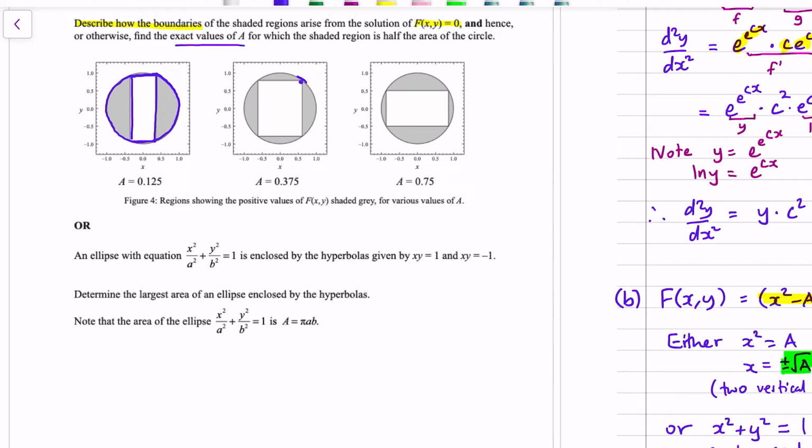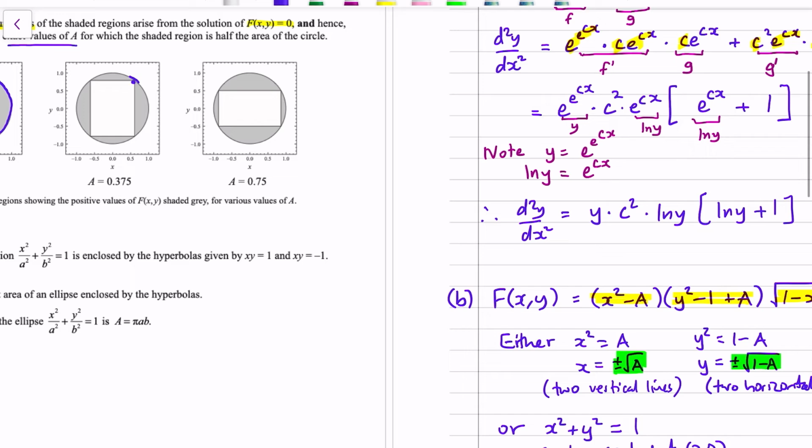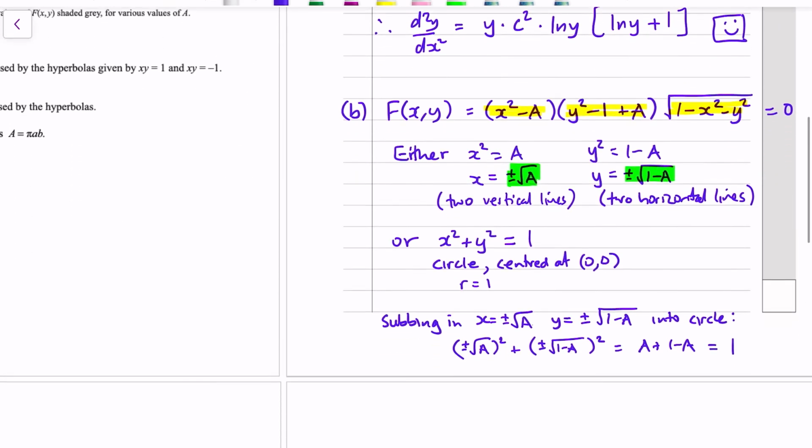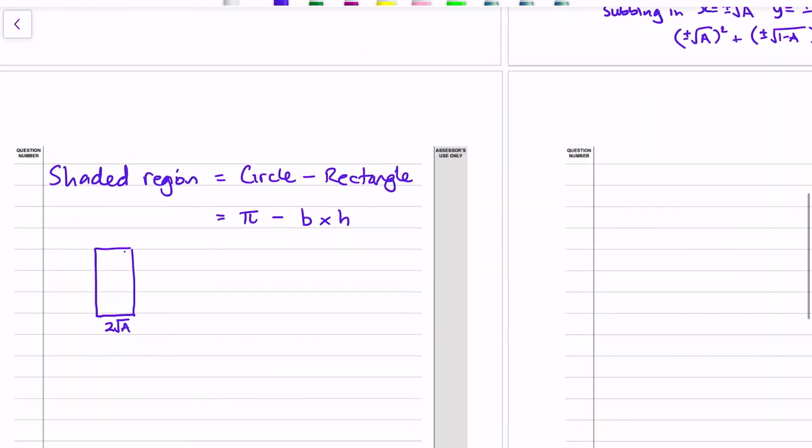And therefore the width of it is 2 root a, and the height, the horizontal lines are at plus or minus root 1 minus a, so 2 root 1 minus a is the height of that rectangle. So the area shaded is pi minus 4 square root a(1 minus a).